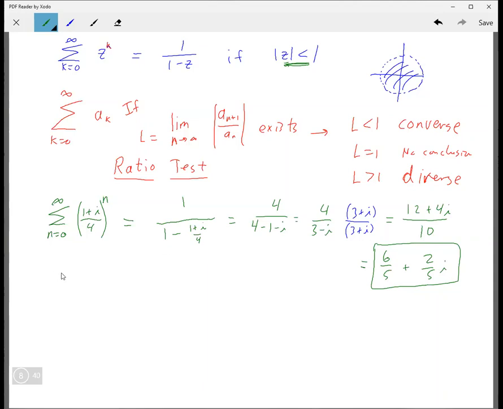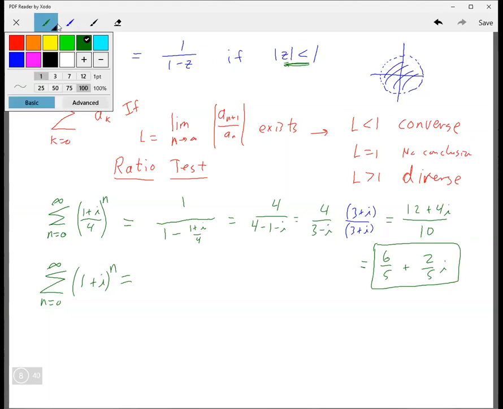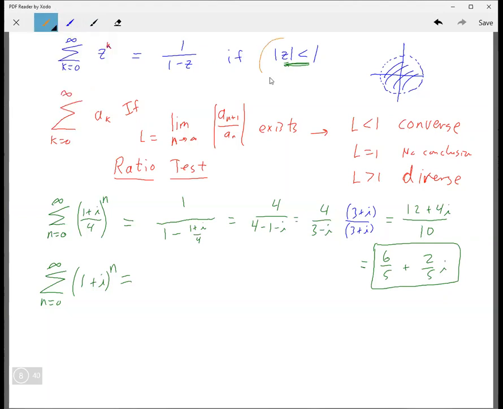Okay, how about 1 plus i to the n? Okay, what do you guys think that one's going to be? 1 over 1 minus (1 plus i). Did you check this first?